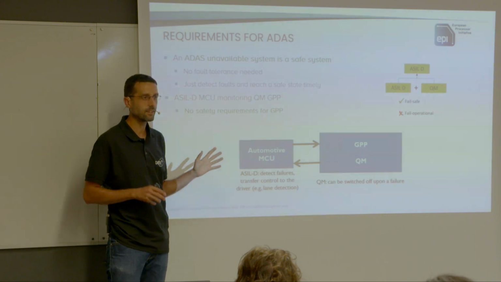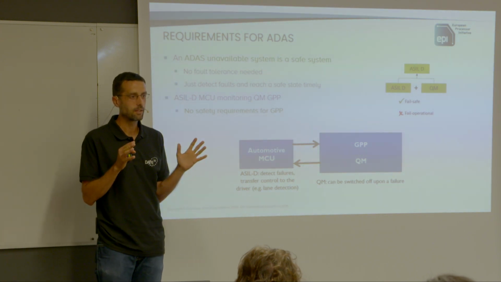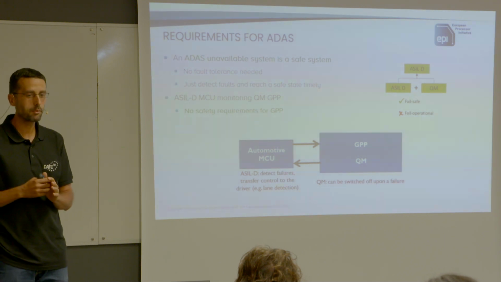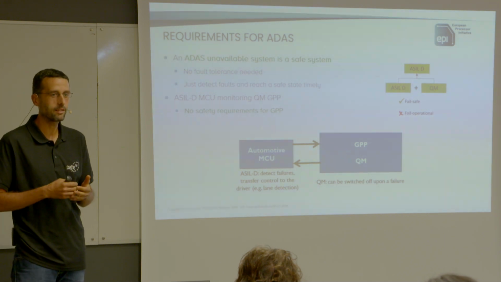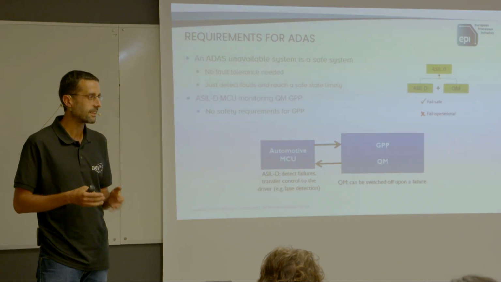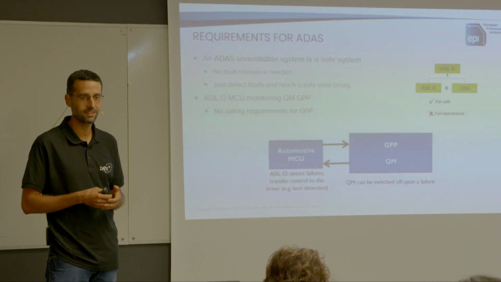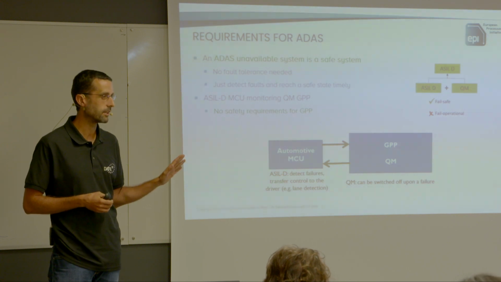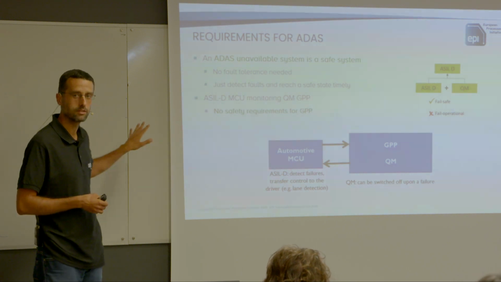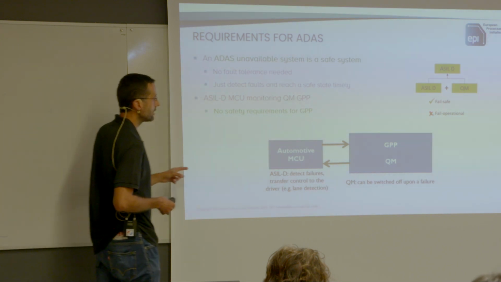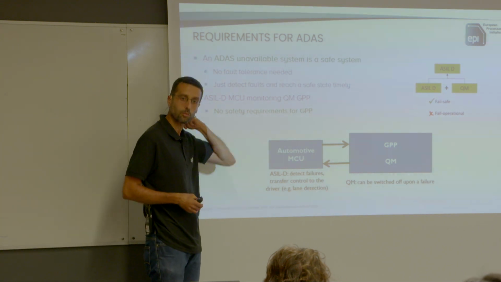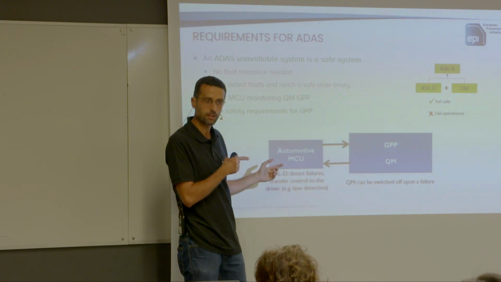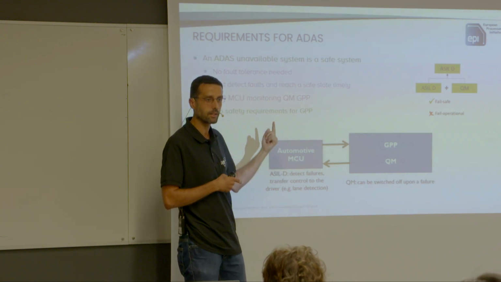So basically, they say my problem of safety is now a problem of availability. The driver might be unhappy if the system is failing all the time and doesn't have this lane assistance system, but I'm not putting safety at risk. So in terms of safety, you are done. What does this mean in terms of the design of my system? Basically, I need to detect that the system is failing and notify the driver.